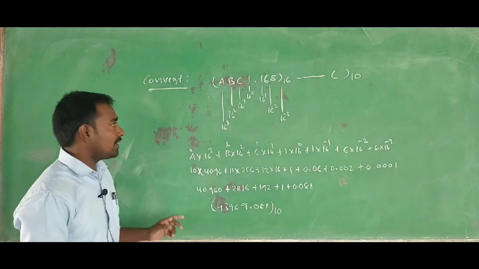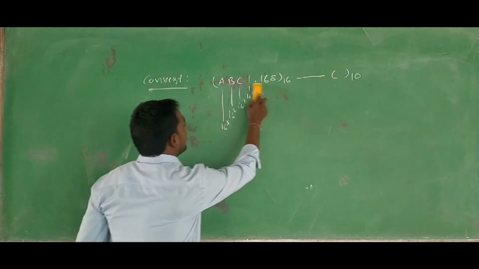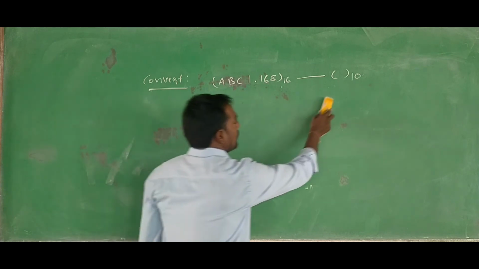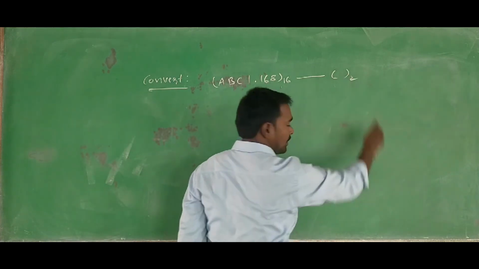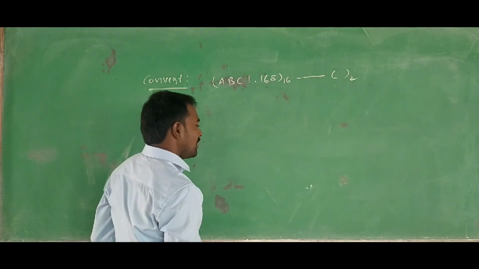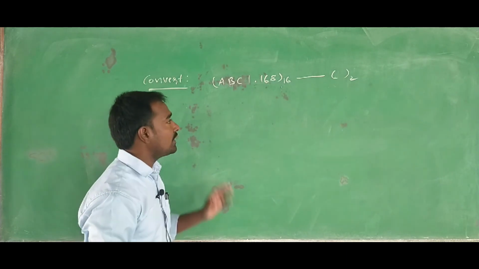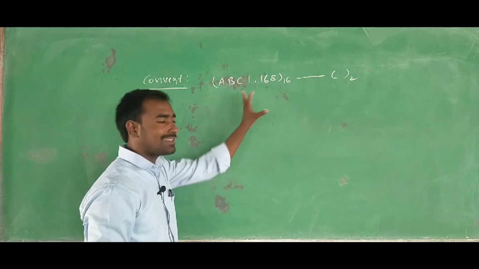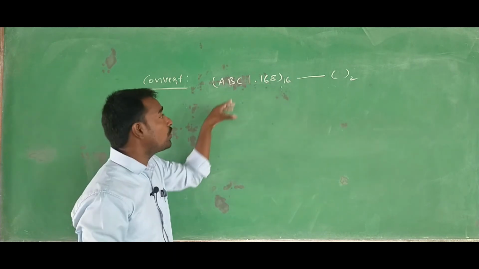And another conversion: again this hexadecimal value we have to convert into binary having the base of 2. We already discussed binary to hexadecimal conversion. When converting the binary value into hexadecimal, we take equivalent digits of 4 bits.